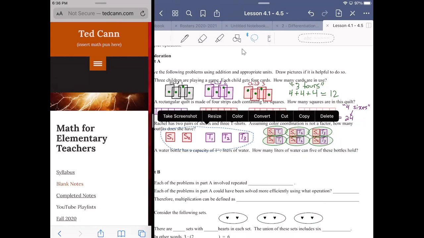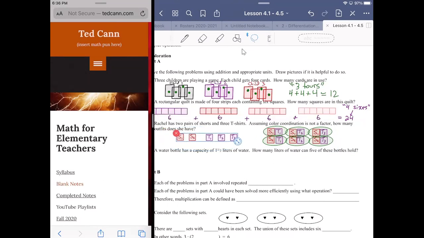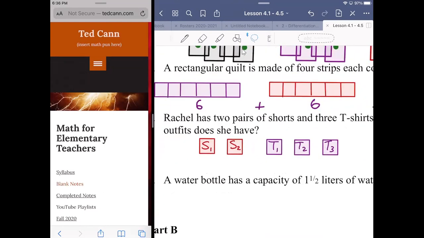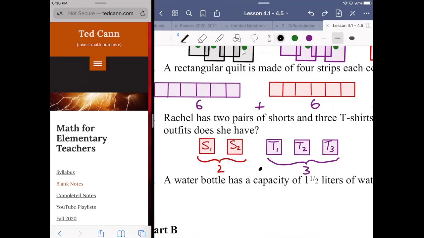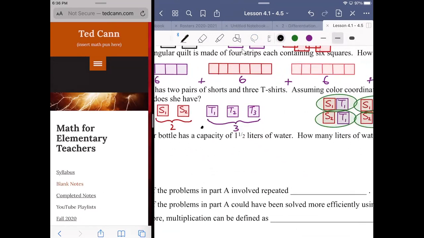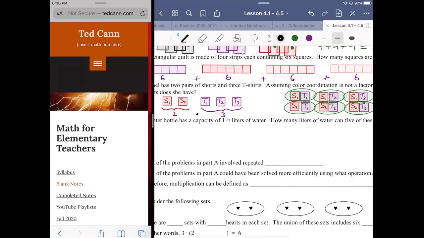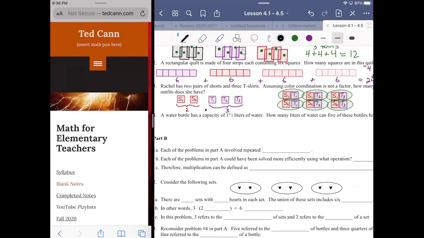And really, if you just think about it, you come up with it pretty quickly and easily. We're looking at 2 possible types of shorts and 3 possible types of t-shirts. But this goes back to what I was saying before. I made it into my adult life without knowing under what circumstances multiplication applies.